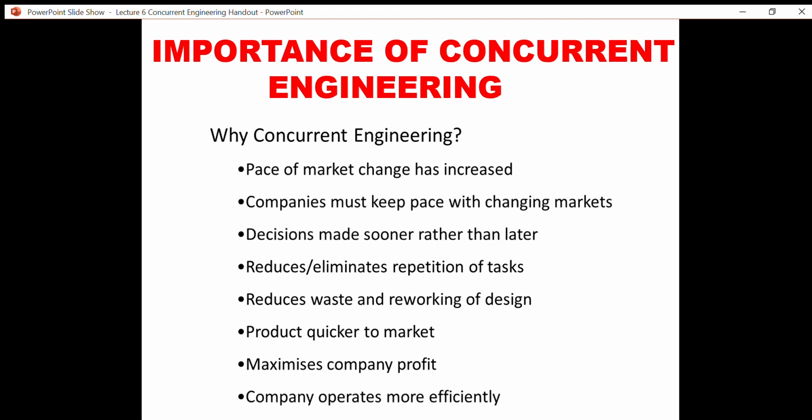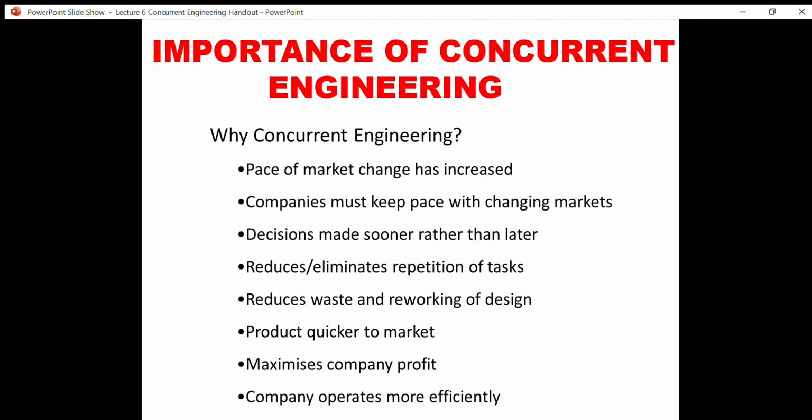So they make fast decisions, and reduce or eliminate repetition of tasks. Within the design team meeting, they can reduce or eliminate redundancy of tasks, and reduce waste. After they pass the drawing to the production section, for example, if production needs to revise the drawing because there's a mistake, they will need the engineering department to do it.